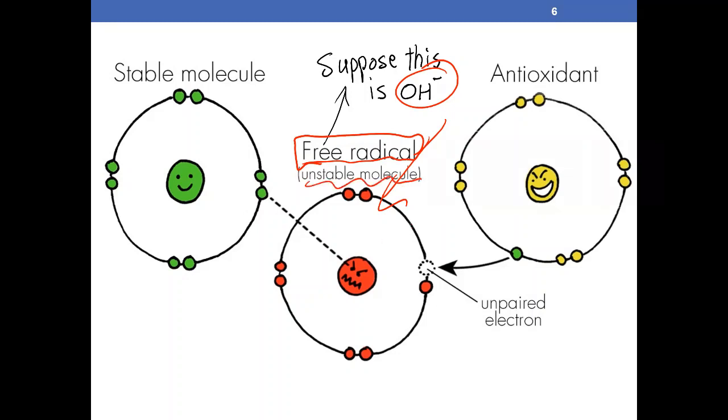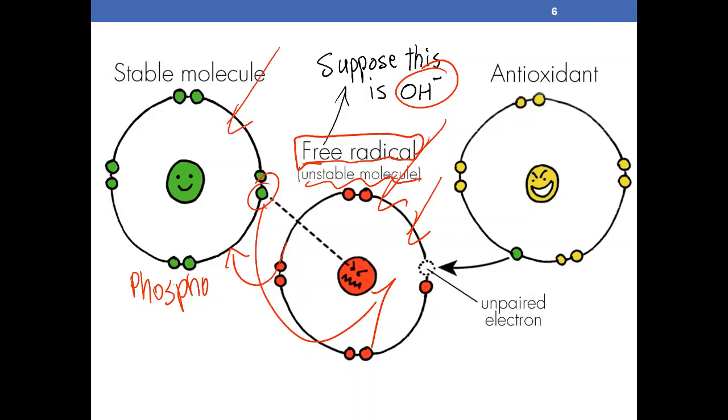Because they are highly reactive, they tend to react with molecules that are very stable, for example lipid molecules or phospholipids, the things that compose the membrane. When they react with this, they steal this electron. So they take it over here. Once they steal it, this becomes unstable. Once this guy becomes unstable, it steals another electron from another guy, and a chain reaction just starts.